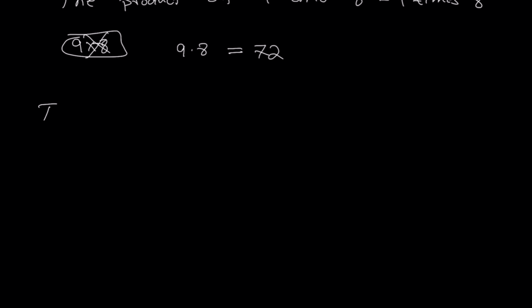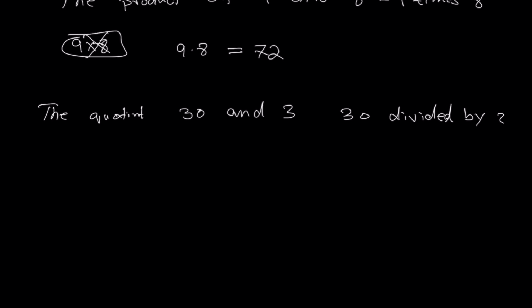Now the last one will be the quotient of a number. Just pick, let's say, 30 and 3. What that means is 30 divided by 3, and the result will be 10.